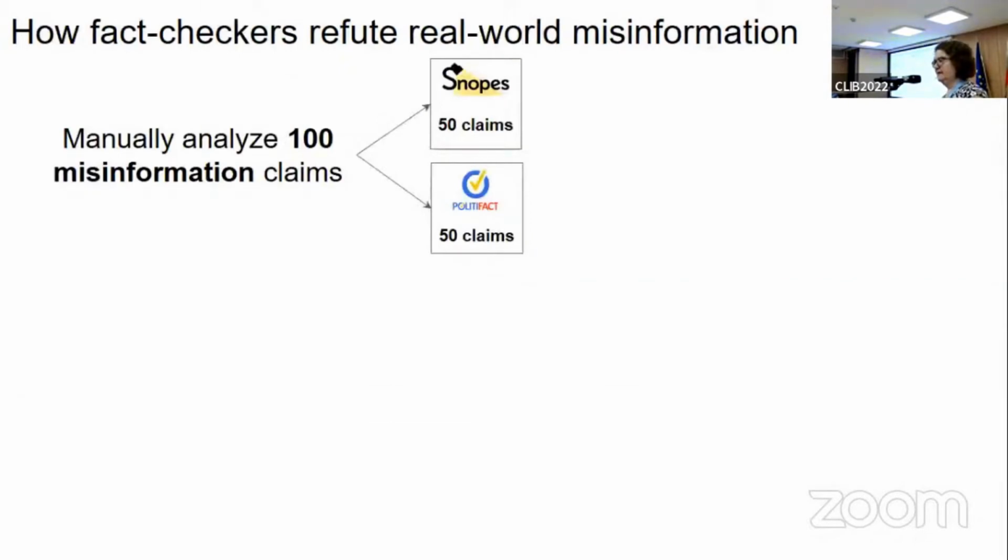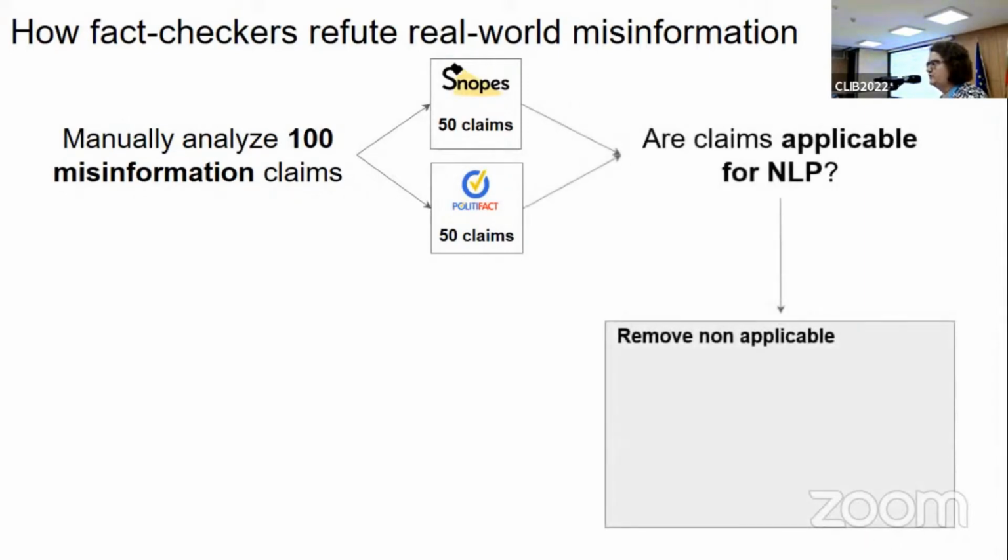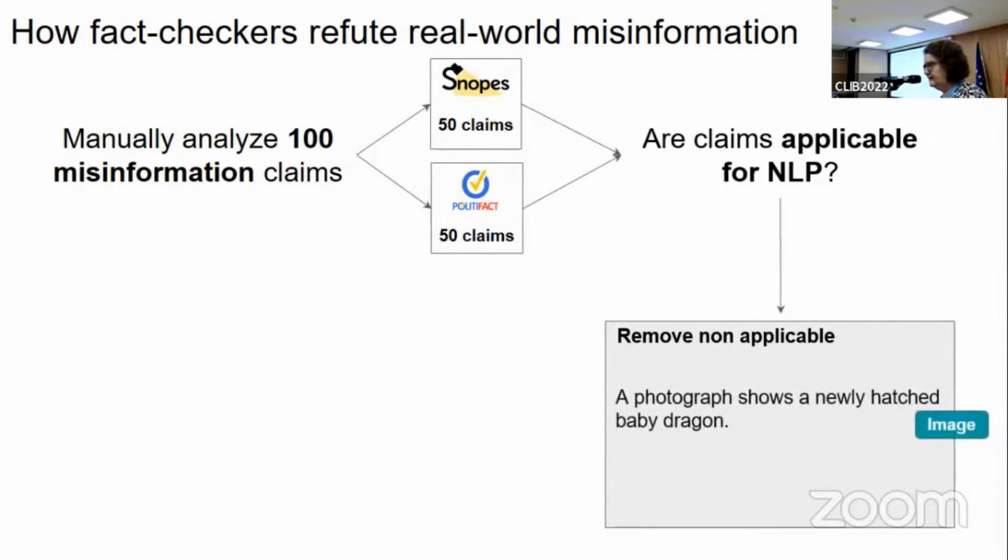So what we did is we manually analyzed 100 real-life misinformation claims from the most common fact-checking websites, Snopes and PolitiFact. We checked if those claims could, in theory, be handled by NLP technologies at all, and we removed the claims that were not applicable. For example, some were multimodal, like a photograph shows a newly hatched baby dragon, so we cannot debunk this type of claim.